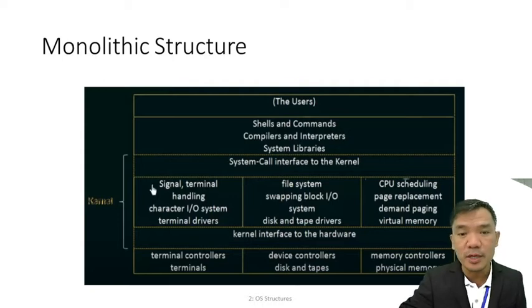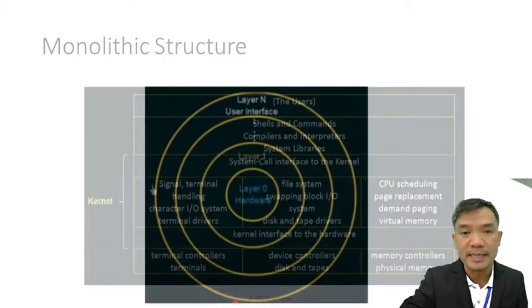So in the monolithic structure, the kernel is a big bulk of program grouped together, but divided into different major functions of the kernel, and they provide access to the upper layer and the lower layer. So the monolithic, from its word, is one major chunk of program.